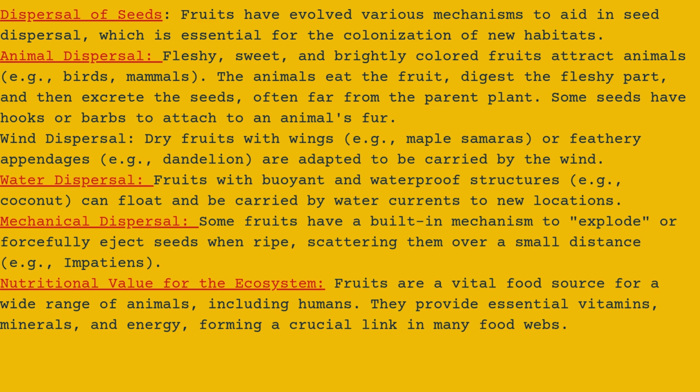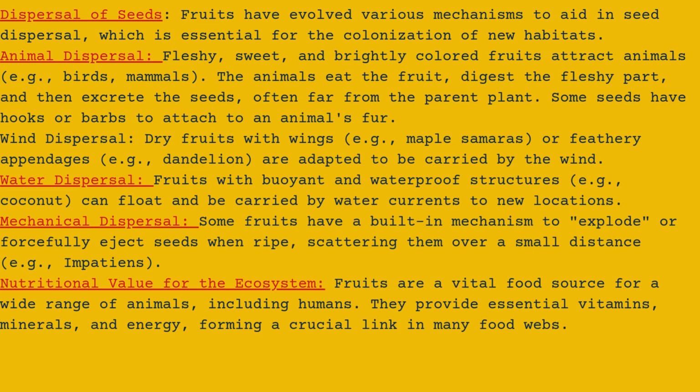Dispersal of seeds. Fruits have evolved various mechanisms to aid in seed dispersal, which is essential for the colonization of new habitats. The next one is animal dispersal. Fleshy, sweet, and brightly colored fruits attract animals like birds and mammals.